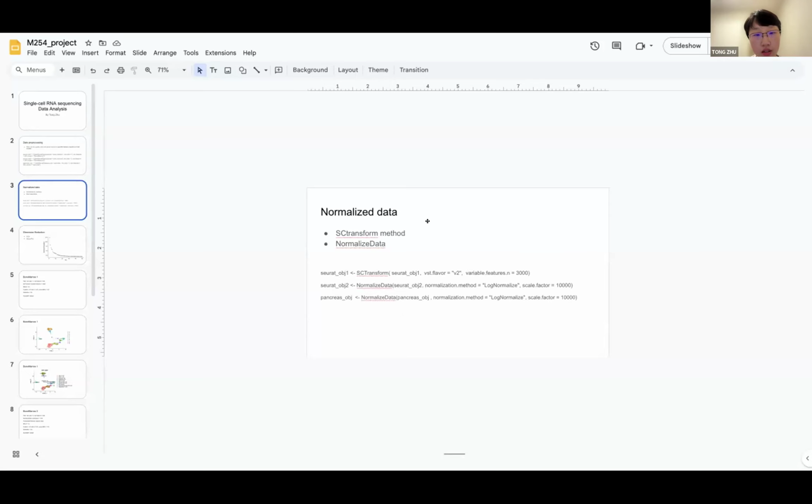Then I normalize the data using the SCTransform method and also the NormalizeData method. I use SCTransform for the first one and the NormalizeData function for the other two datasets.